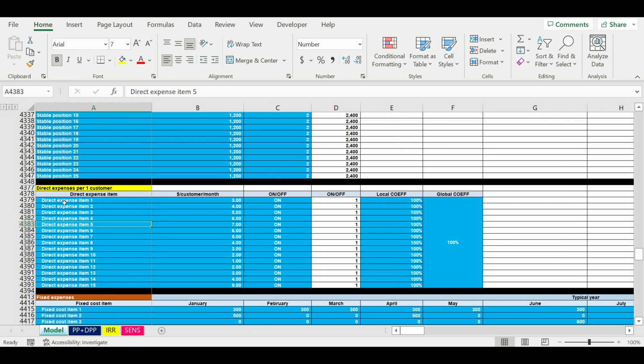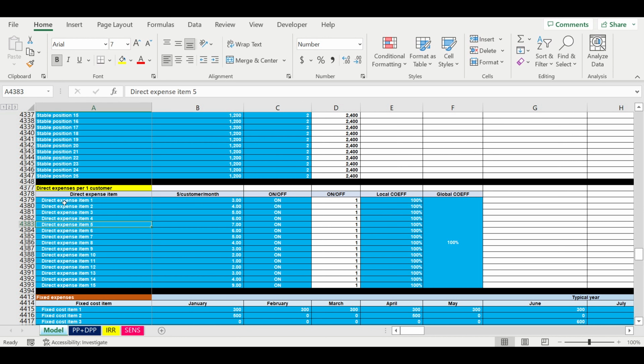So for example, if you sell chairs and you buy chairs, then here you will be just specifying the price that you will be paying when you buy the chair, and this is your selling price. This is the first direct expense. These are linked to the amount of chairs that you sell.